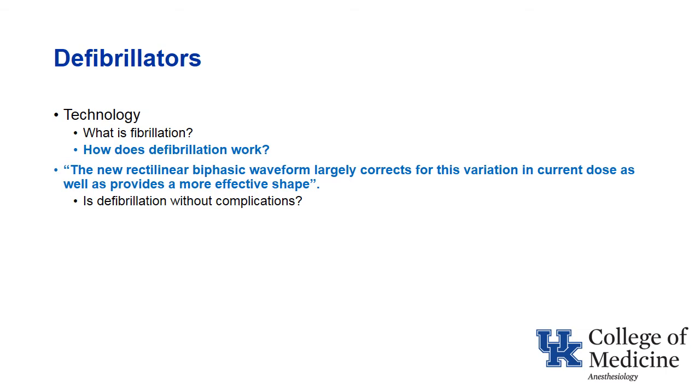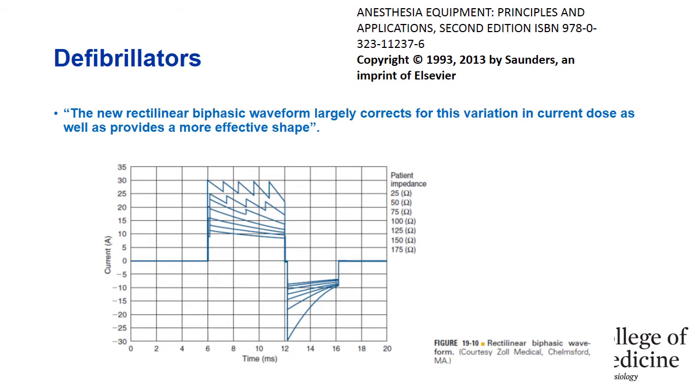Extracted from that chapter is the statement that the new rectilinear biphasic waveform largely corrects for this variation in current dose, as well as provides a more effective shape. This is the shape. Now the definition of rectilinear is straight lines.